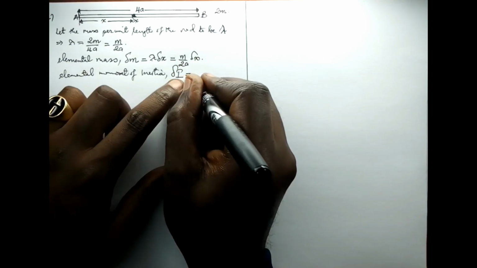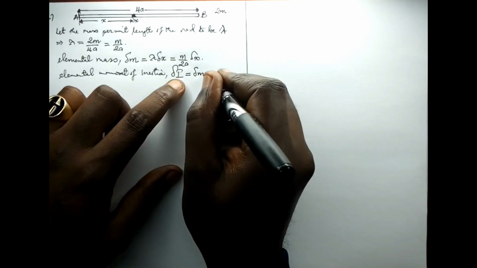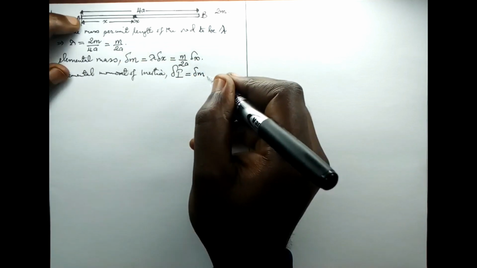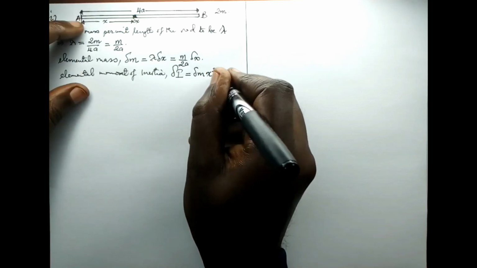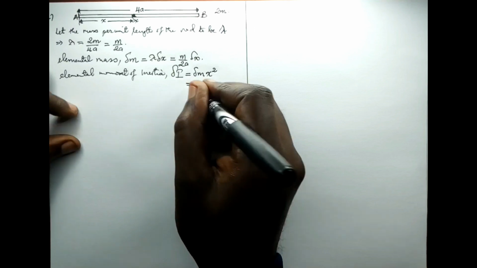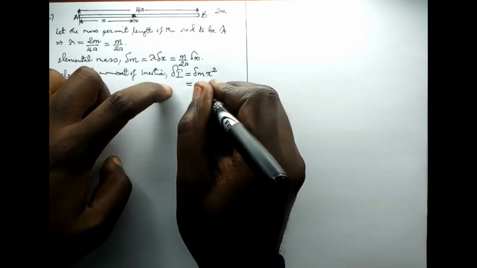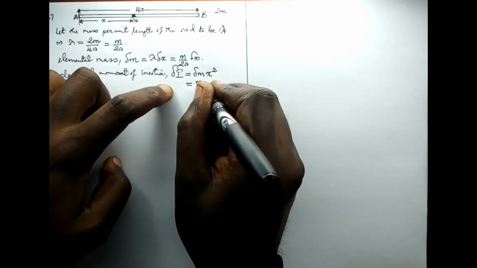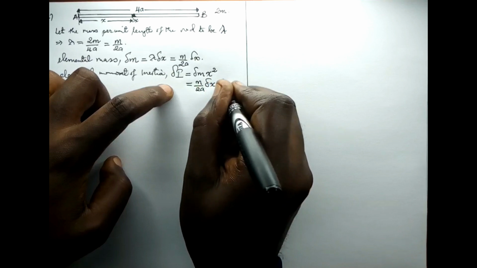That should be equal to the small mass times the square of the distance from the axis of rotation. Each element is distant x, so it should be x squared. And delta m from above is m over 2a delta x, so that gives m over 2a delta x, and then x squared.